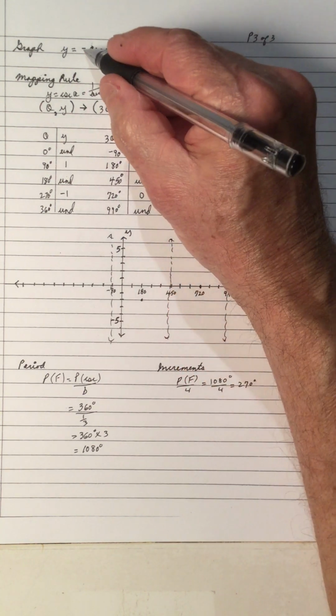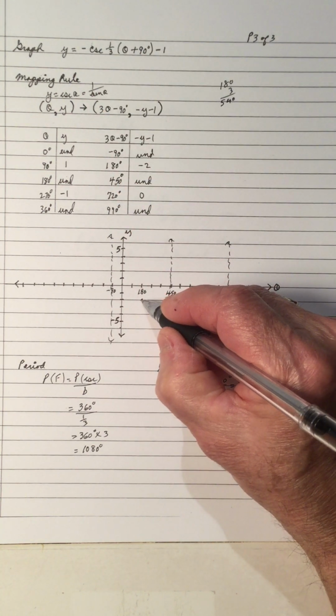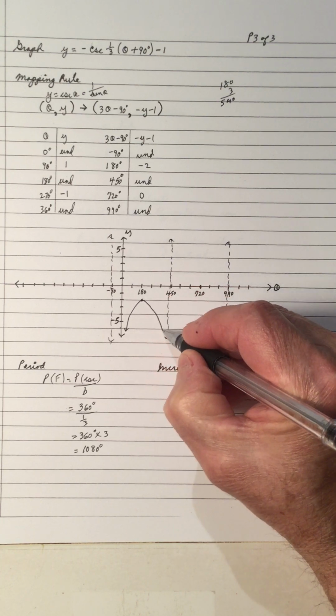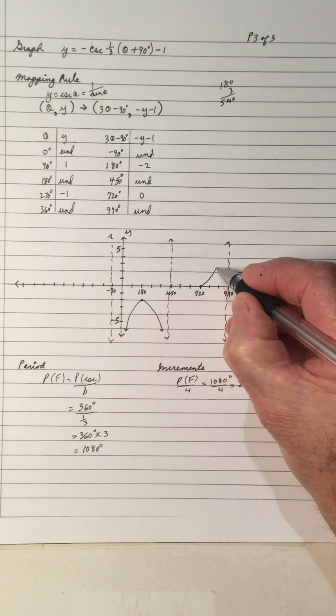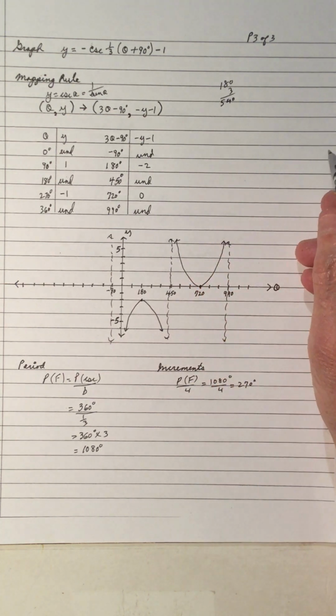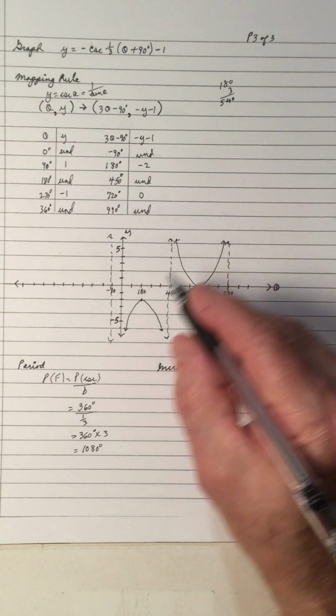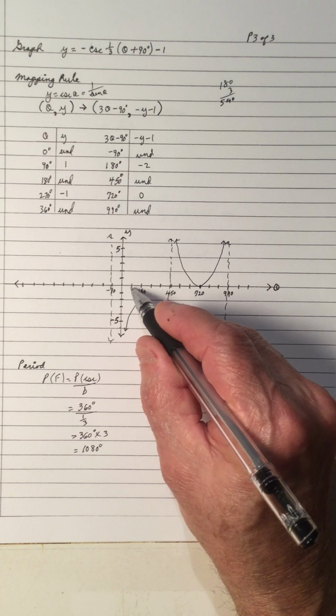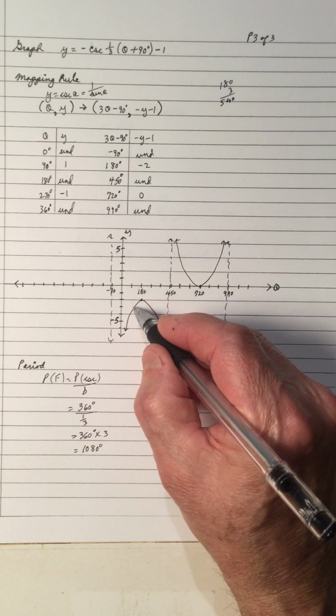But because this is a negative, that means it will go down at the first one, like this, and go up at the second one. It's a reflection. And another way to test that is to put in 90, work out what it is, and you'll see if you're right.